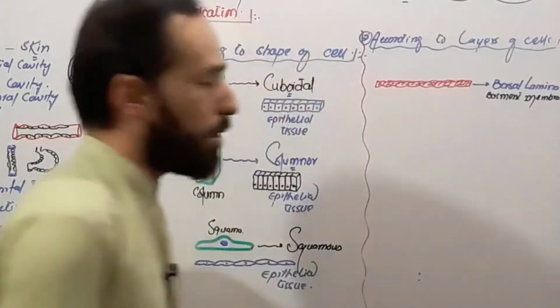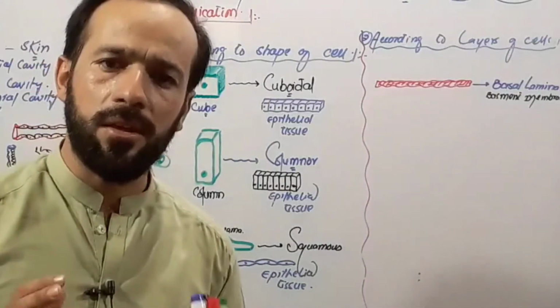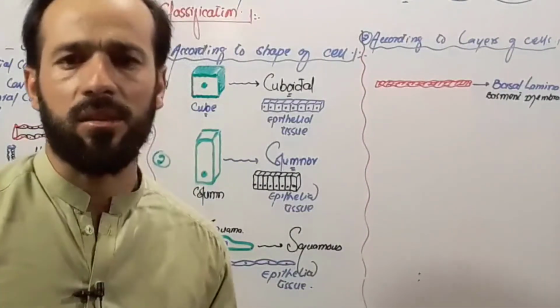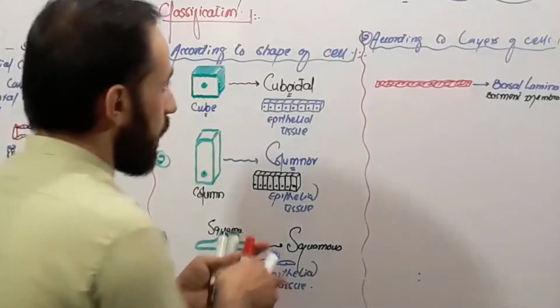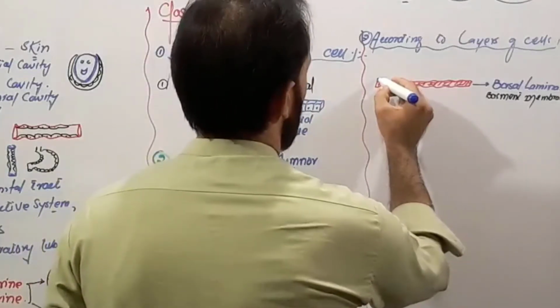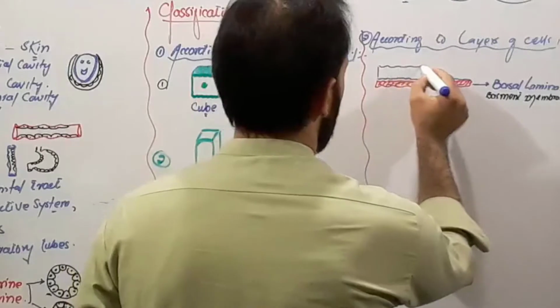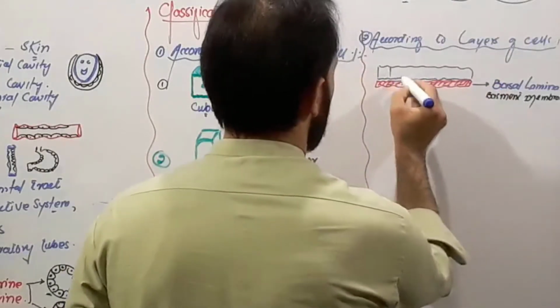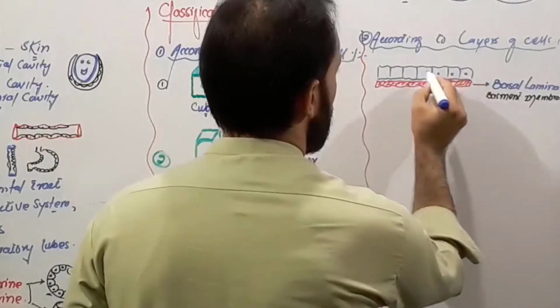Okay, so below every epithelial tissue, wherever there is epithelial tissue, there must be a basement membrane present there, right? So look, above the basement membrane there is your epithelial tissue present, right my friends, like this. So this is your epithelia.